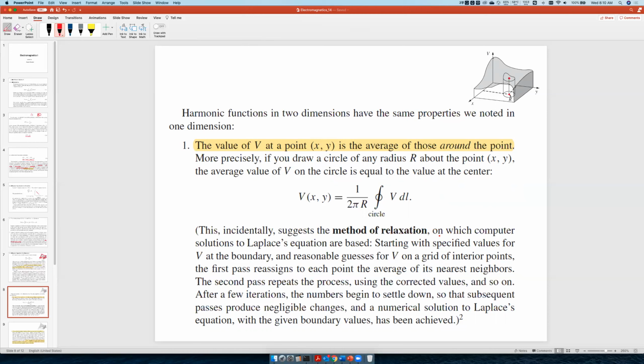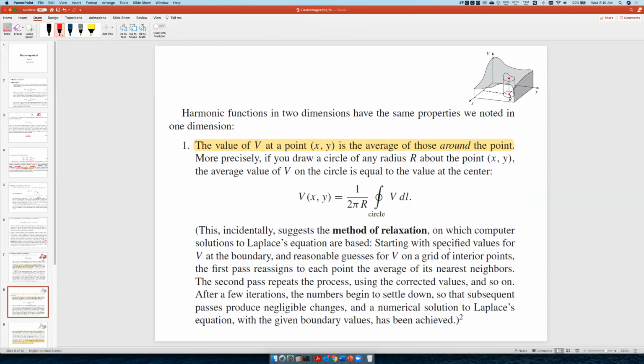On computers, in order to solve Laplace equations, most methods can use the relaxation method to do the calculations. Okay, let's see what that is.